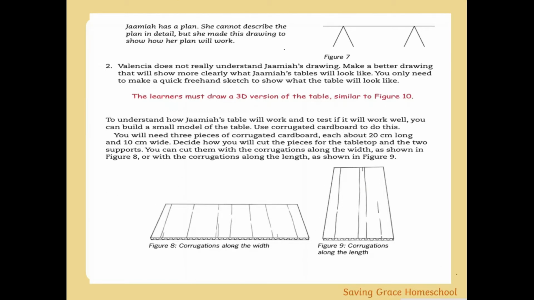So to understand how this table works, build one. An important piece of information to building these correctly: corrugated cardboard has certain properties. The corrugations have direction. It's corrugated cardboard.